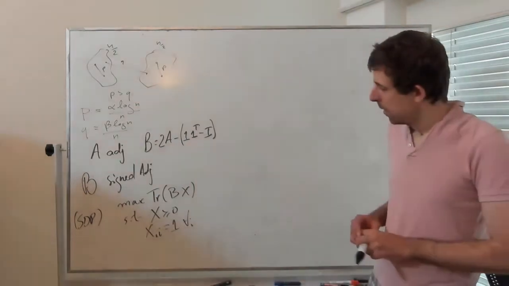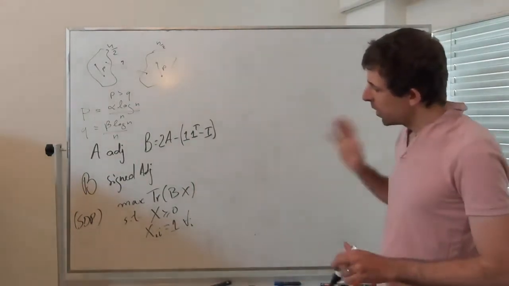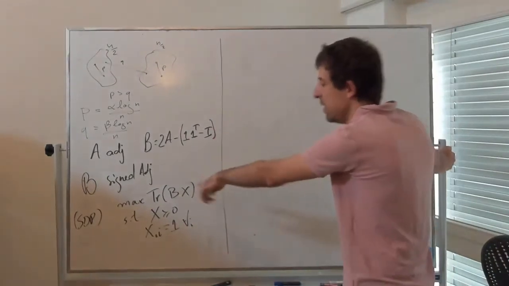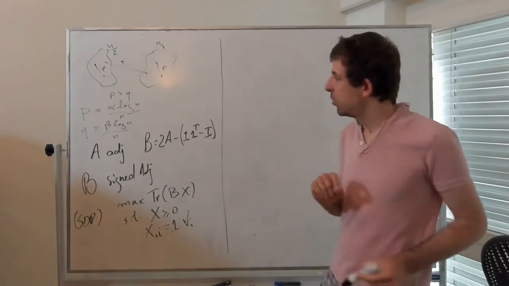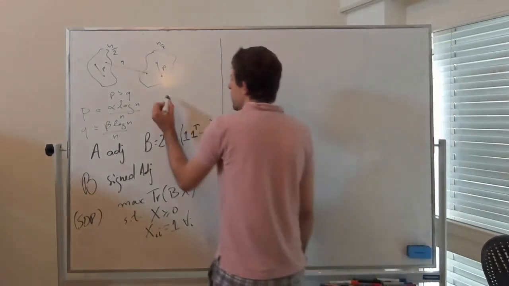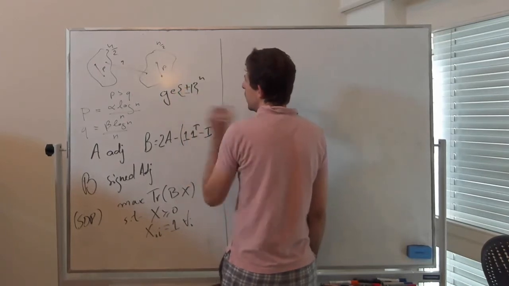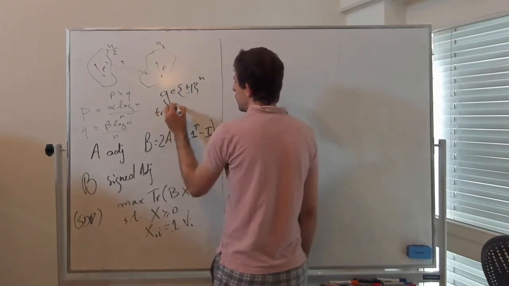In particular, we wanted to understand when this semi-definite program exactly recovers the true communities. We define g to be the vector of the true labels, the vector of plus or minus 1, so these are the true memberships.